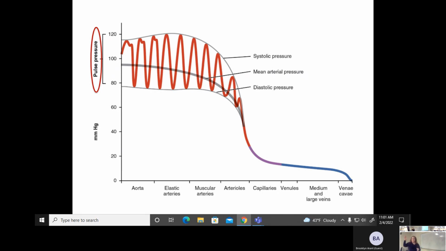The waves are coming from the cycles of ventricular systole and ventricular diastole. So your heart is pumping in time and creating pressure waves. It's not a constant pressure coming through the arteries. Sometimes it's more, sometimes it's less. So it's coming in pulses or waves.